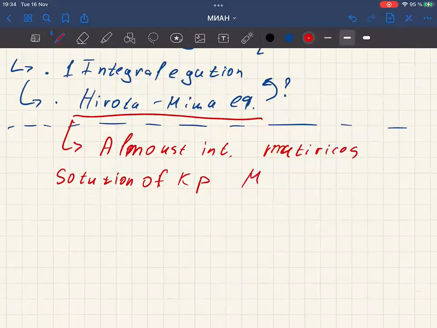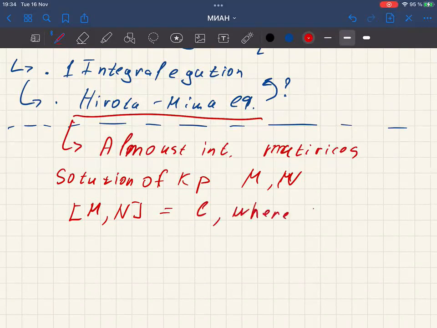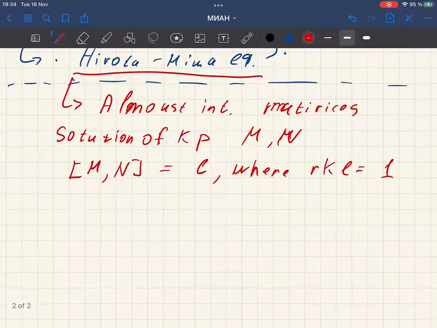It is two matrices, for example, M and N, such that MN equals L, where rank L equals 1. Well, it could be written just rank.